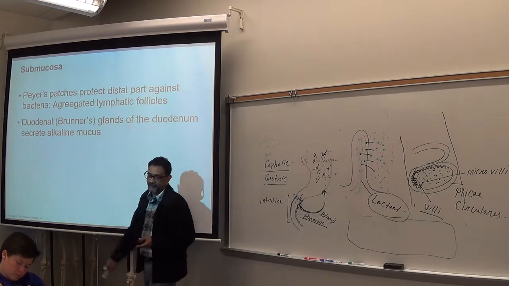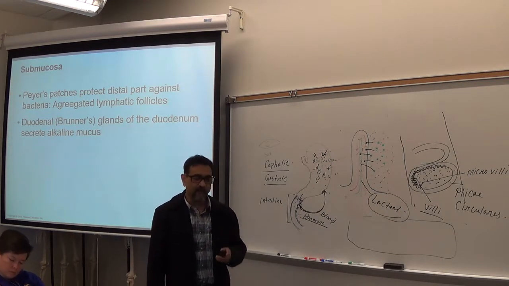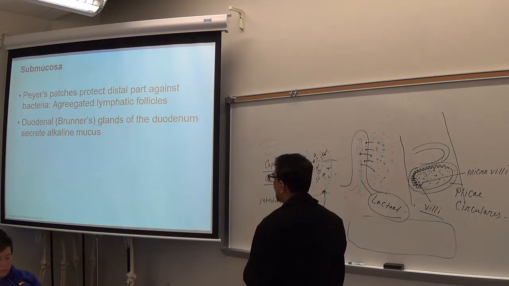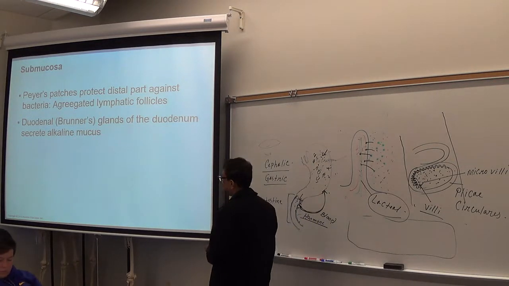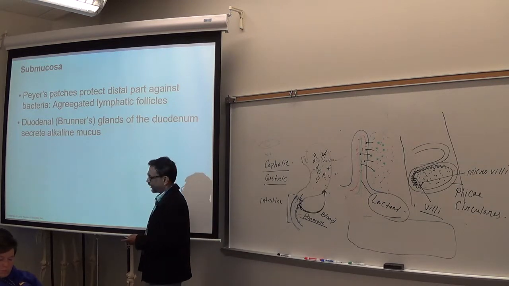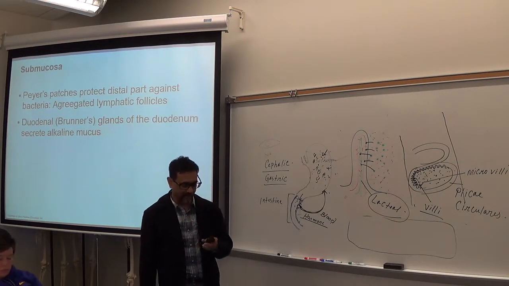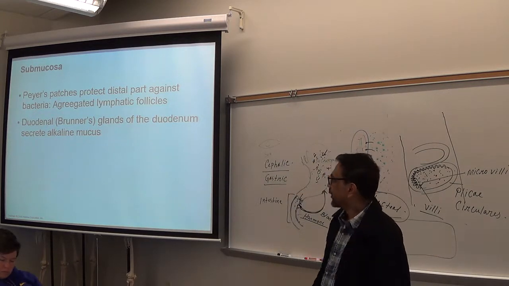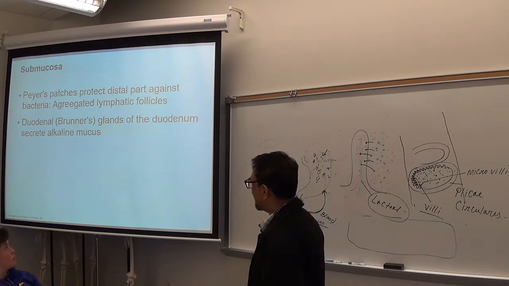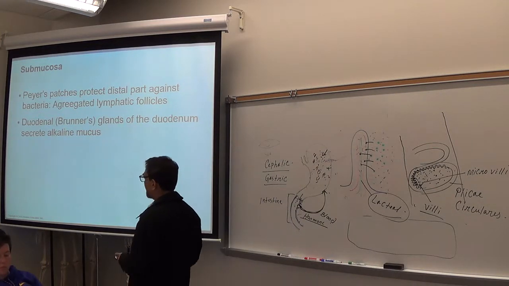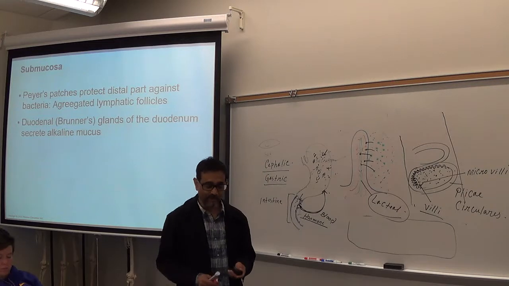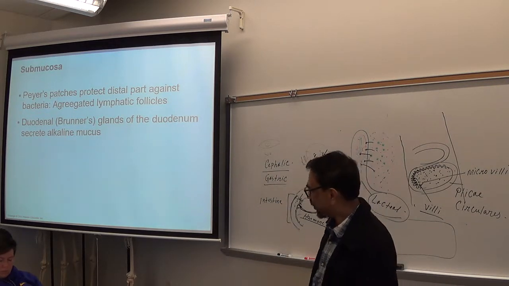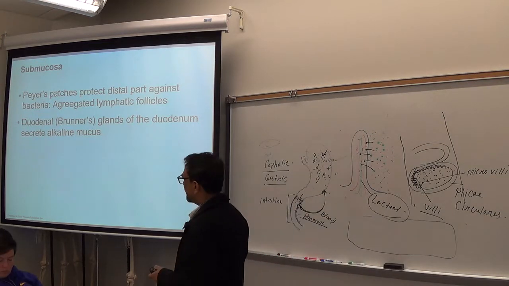And a type of gland is present in the wall, mostly in the duodenal wall, and that is called Brunner's gland. Mostly they are present in the duodenum, the first part of the intestine. And the secretion is alkaline mucus, not acidic mucus. In the stomach, you must remember acidic mucus is secreted, but here in the small intestine, alkaline mucus.